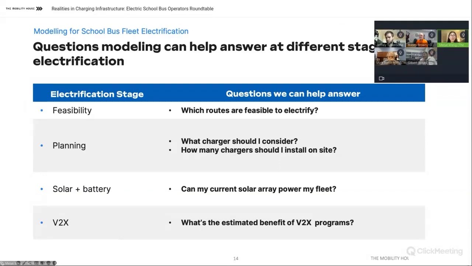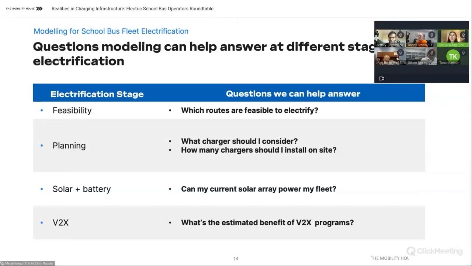And the last one is not super common, but we've had some adventurous customers who are interested to explore more advanced charging technologies like bidirectional charging and discharging. And that way, we've had people asking, what are the available vehicle-to-X programs in the area?